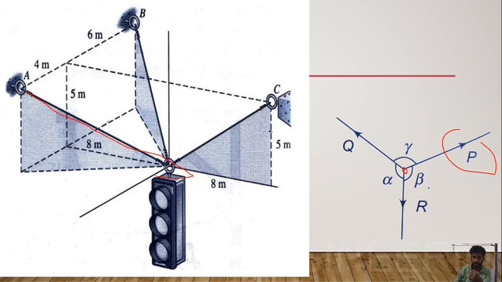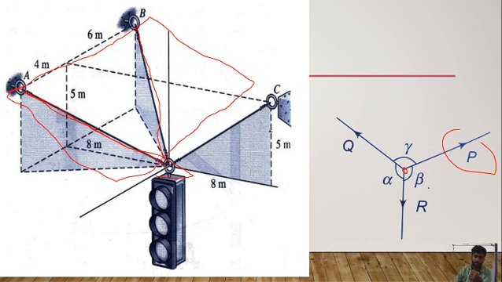But line AO and line BO, these two are coplanar, because I can create a plane containing these two lines. Coplanar forces need not lie on the xy plane or yz plane or zx plane.